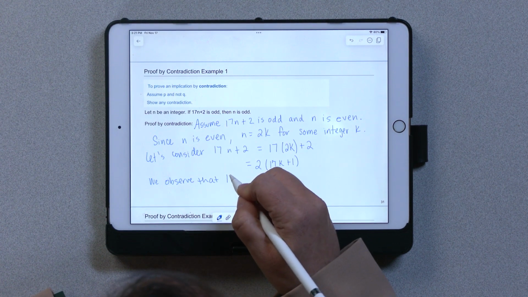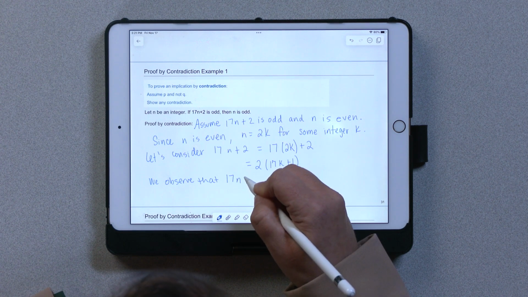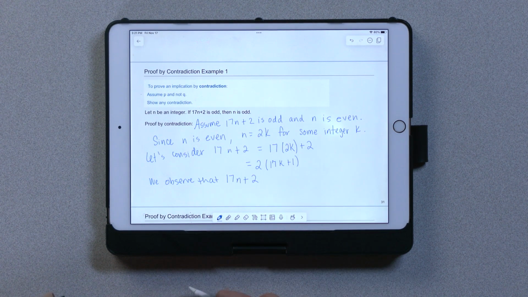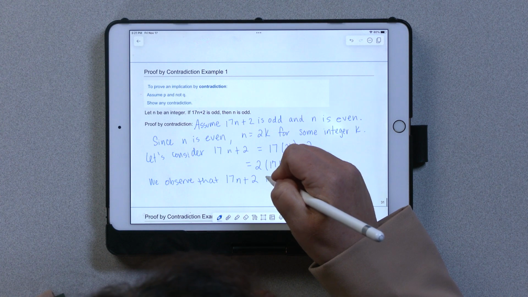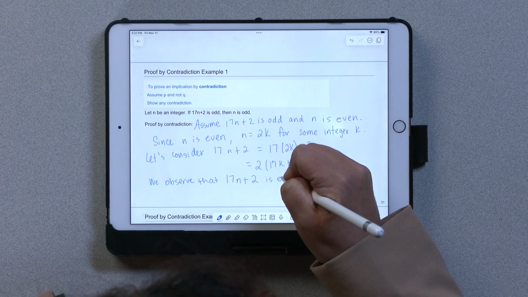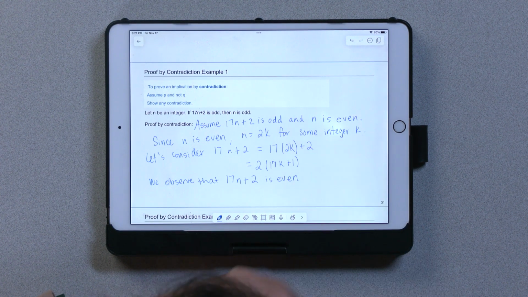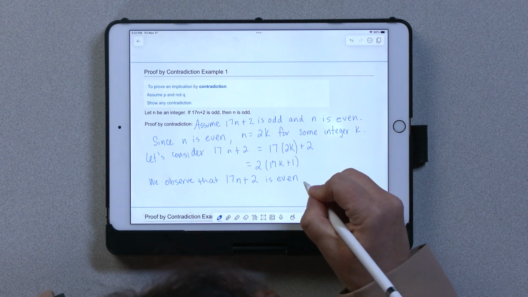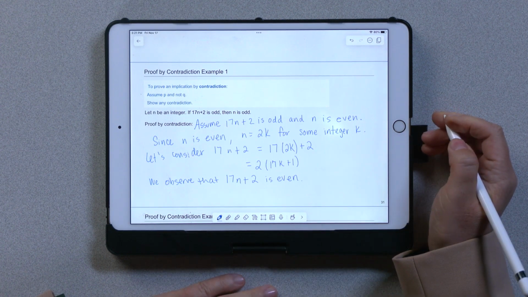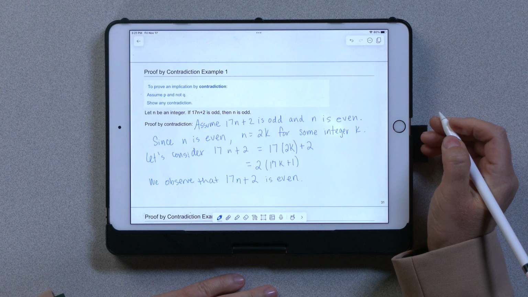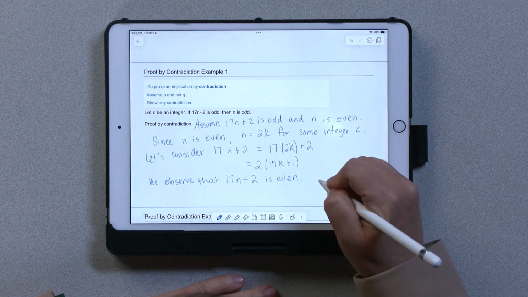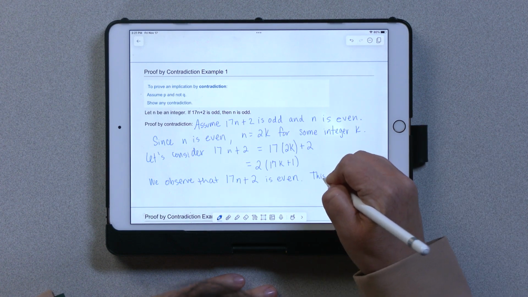So that means 17n plus 2 is even. It's 2 times the integer 17k plus 1. So we observed that 17n plus 2 is even, but we assumed that 17n plus 2 is odd. This is a contradiction.